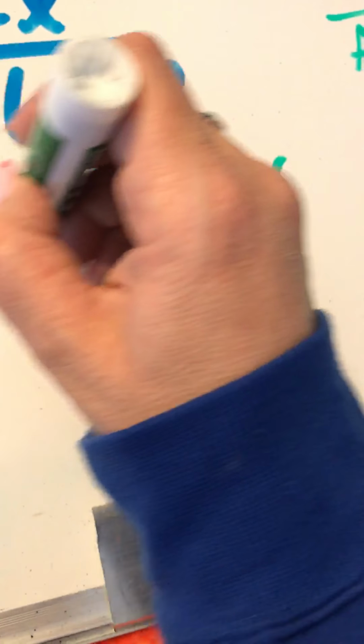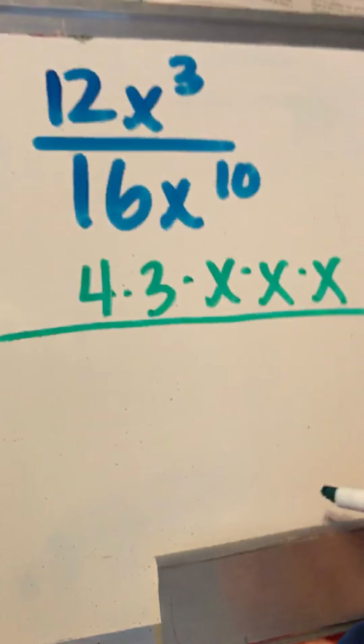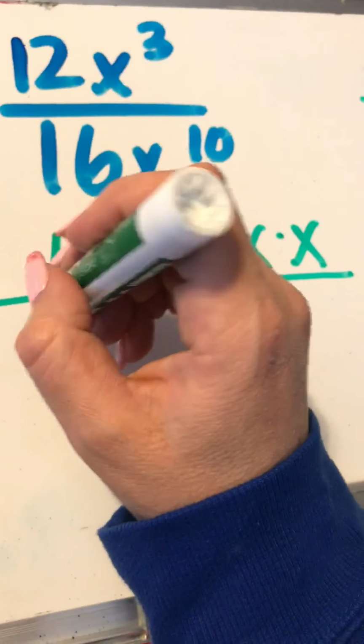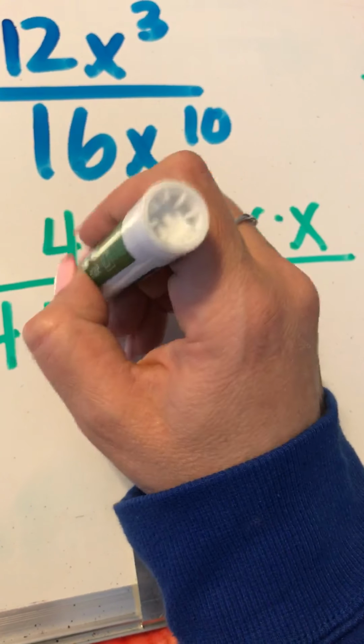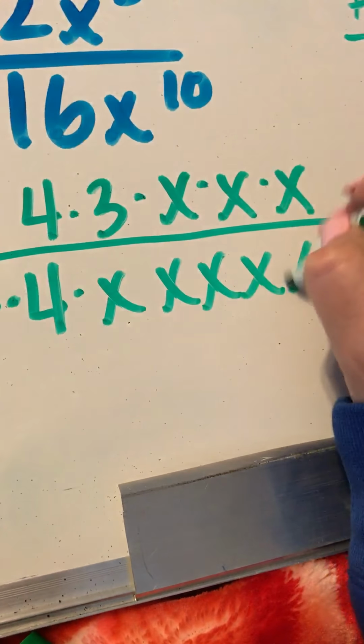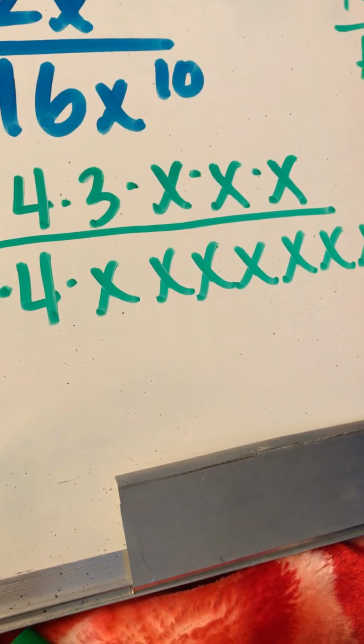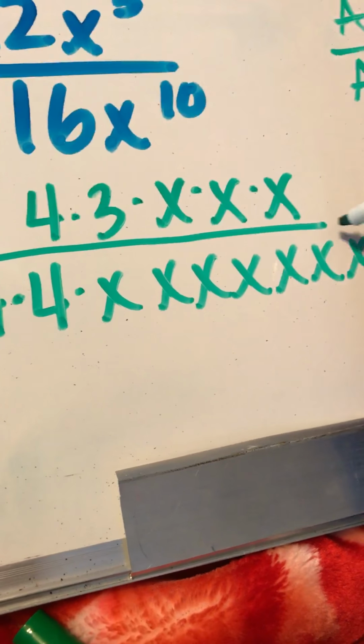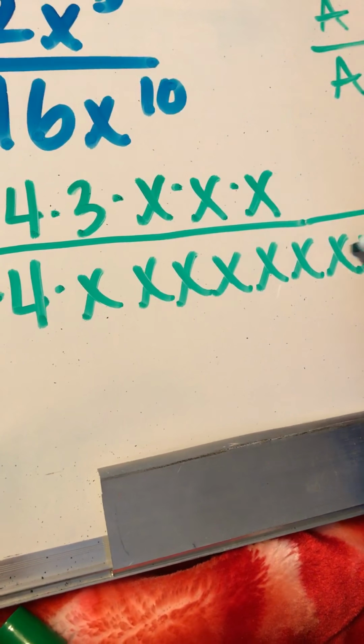Now I need to factor my denominator, and the denominator is factored out as 4 times 4 times 10 x's. Wow, that's a lot of x's.